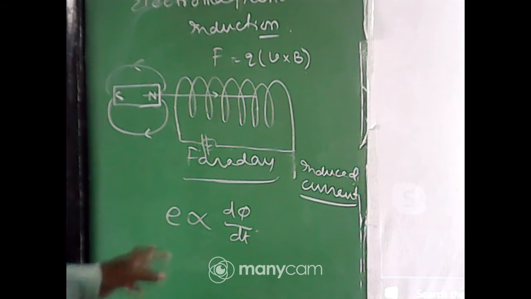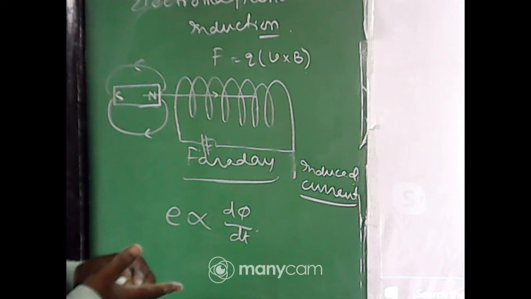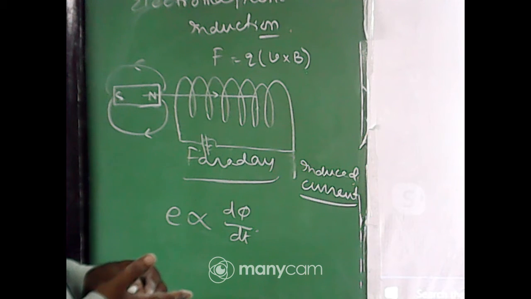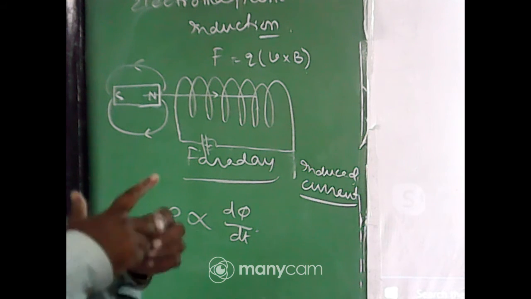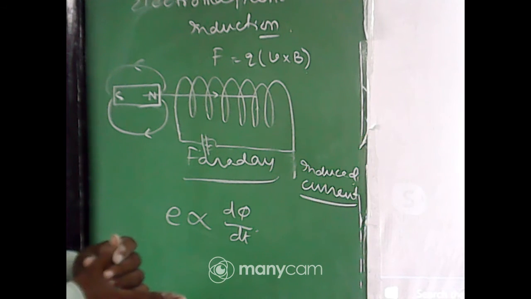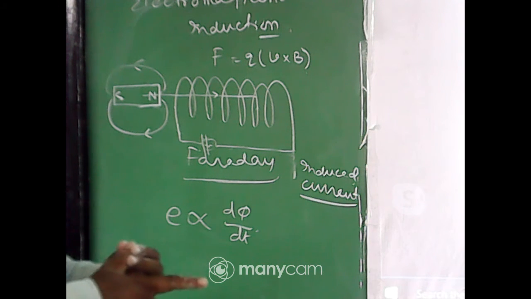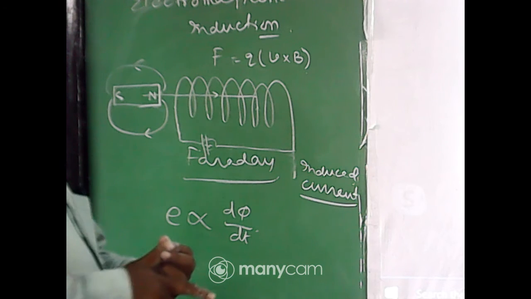That force depends on the Fleming right hand rule. And you know, if the charge means current is created in this direction, the force acts on the magnetic field. Force acts means force of which type? Magnetic.